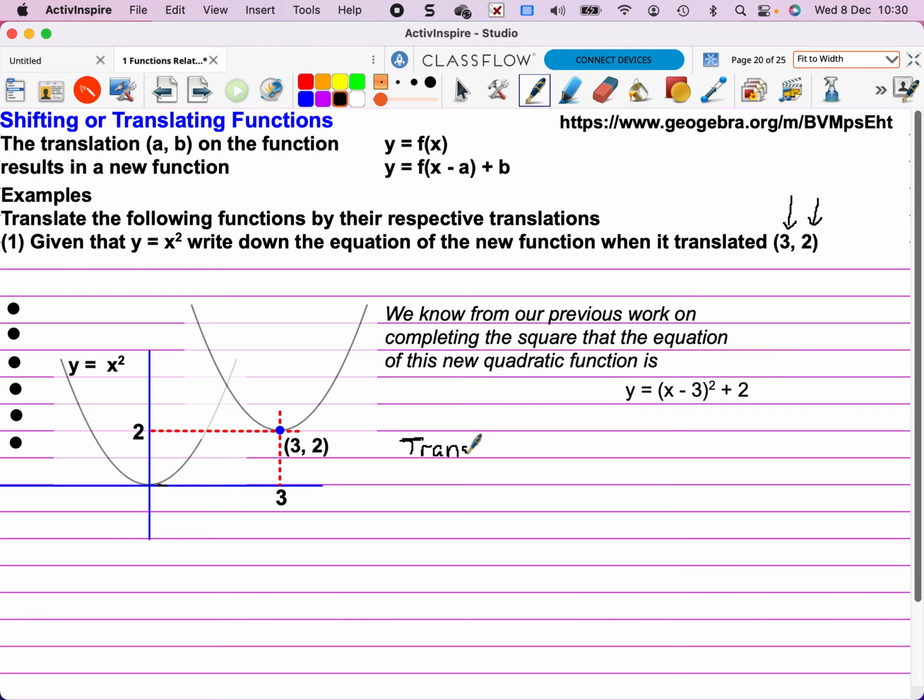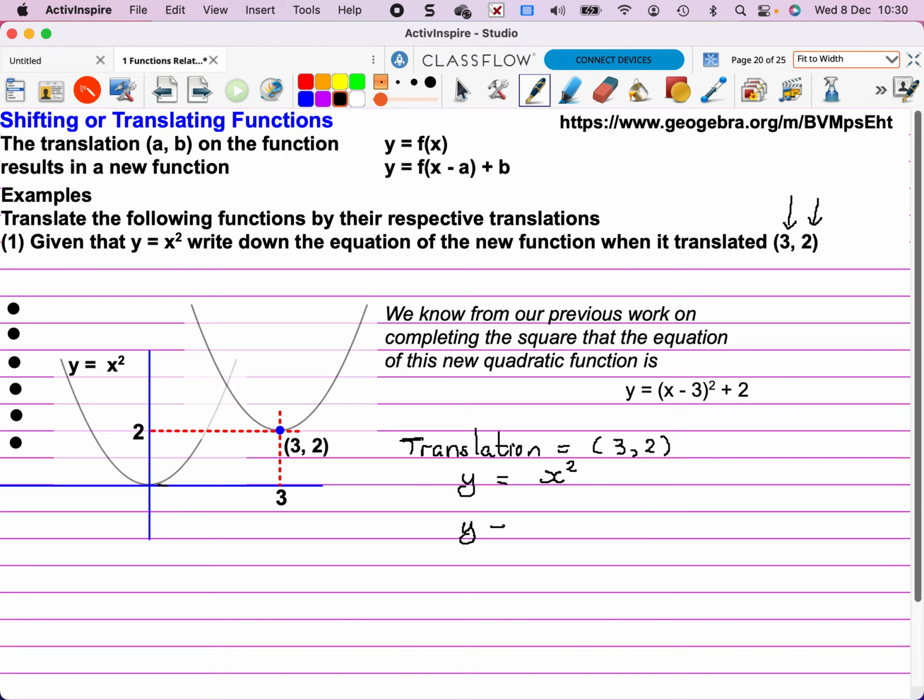The translation that we were given in the example above is (3, 2). The original function that we were given was y is equal to x squared. So how do we generate the new equation?